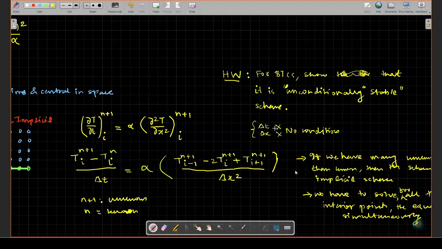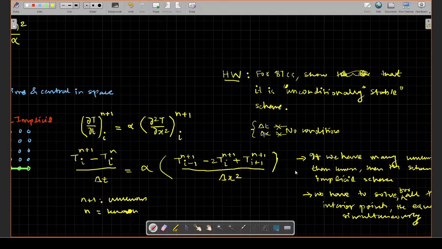But also from a computational point of view, you cannot specify any delta t and any delta x. Even though these schemes are unconditionally stable, you will have to be reasonable. Delta t cannot be like 1000, 2000. Delta x cannot be like 1000, 2000. It should be reasonable, such that you do not have too much inaccuracy or too much round-off error in your solution.